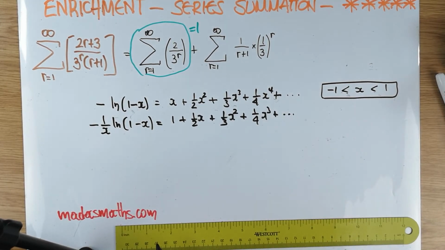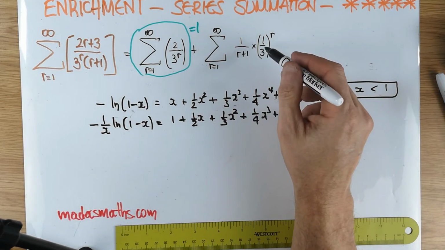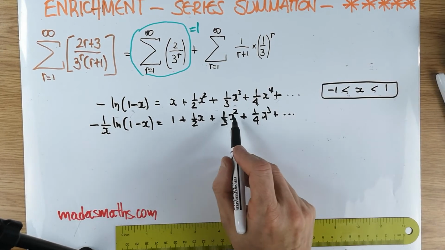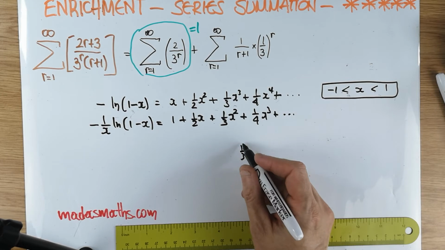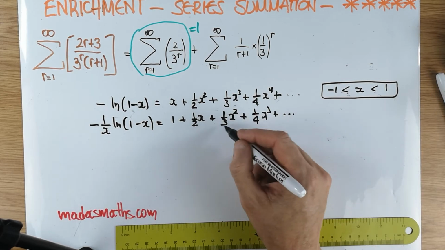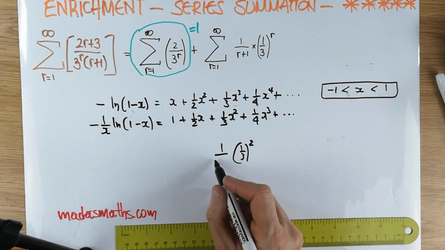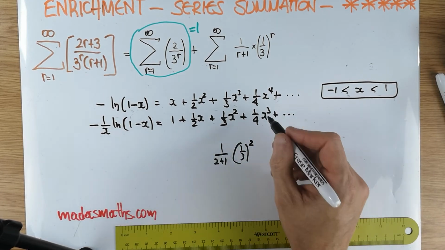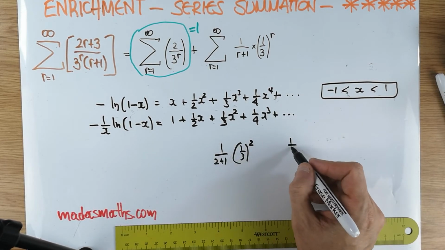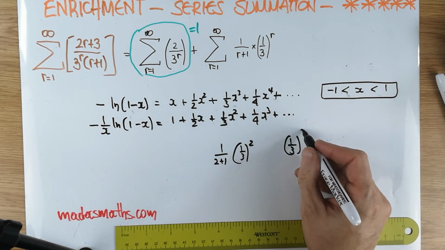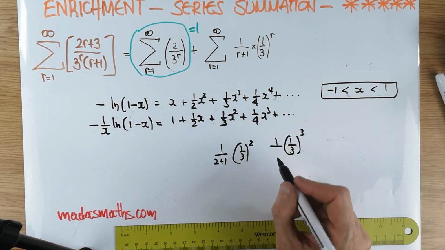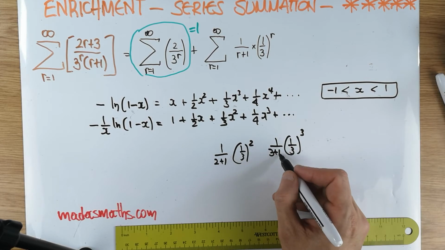Now, if I put x is equal to a third in there, on this term here it's going to be a third squared, then this term will be 3 here, which is of course 2 plus 1. If I put x is equal to a third on the x cubed term, then this term will be 1 over 3 plus 1.